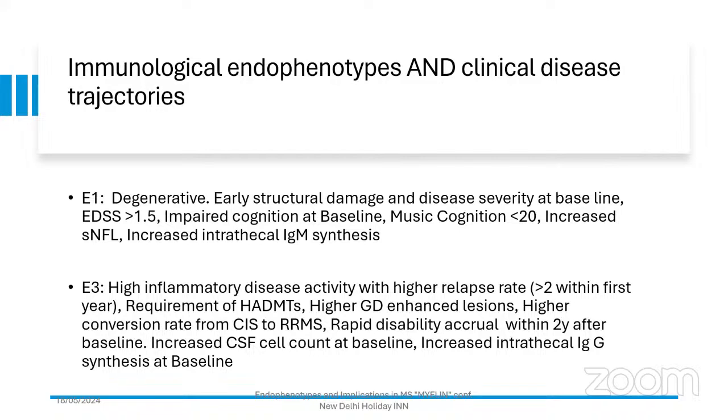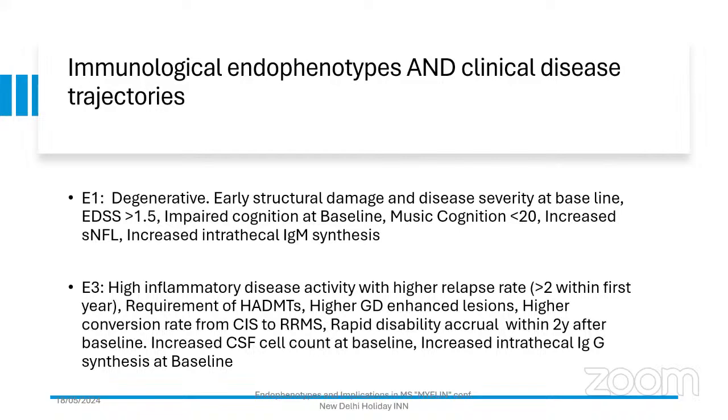Whereas E3 has high inflammatory disease activity with higher relapse rate, that is more than 2 relapses within the first year, requirement of highly active disease modifying therapies, higher gadolinium enhanced lesions, higher conversion rate from clinically isolated syndrome to relapsing remitting MS, rapid disability accrual within 2 years after the baseline, increased CSF cell count at baseline, increased intrathecal IgG synthesis at baseline.